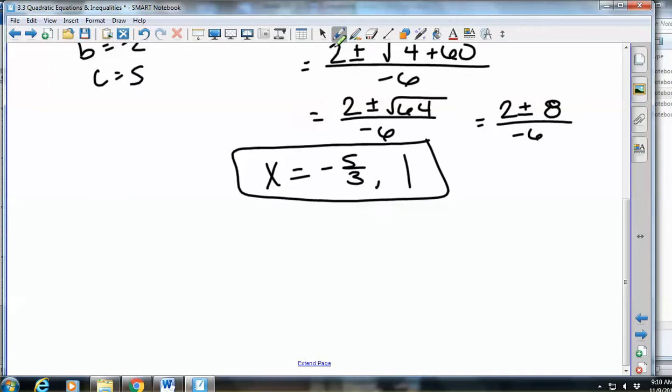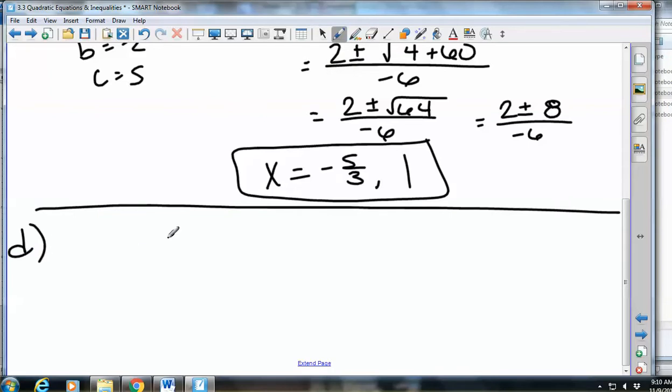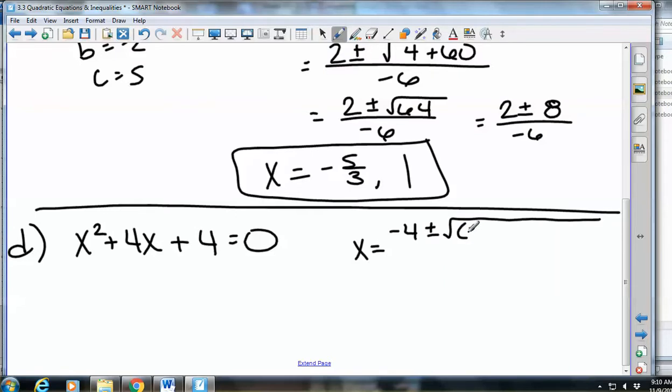What if I gave you this one? When we do our quadratic, opposite of B, plus or minus the square root of B squared minus 4AC all over 2A.